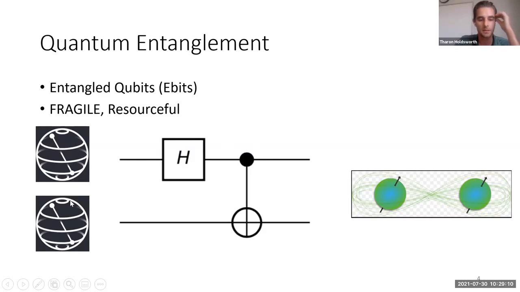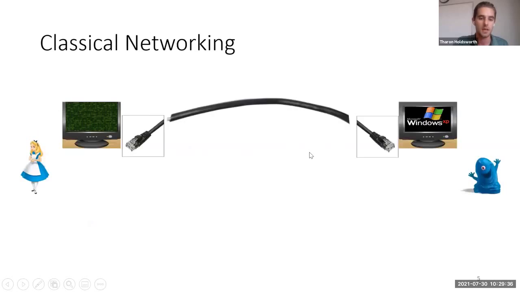And by passing two qubits that are in an initial state through these 2 operations, you can create this entangled state where these 2 qubits are now in a pair, and they have this strong correlation that is very fragile from interference from the environment, but also very resourceful and very useful for interesting quantum protocols and quantum information tasks.